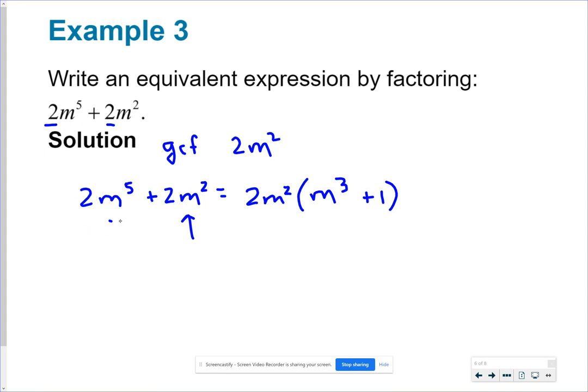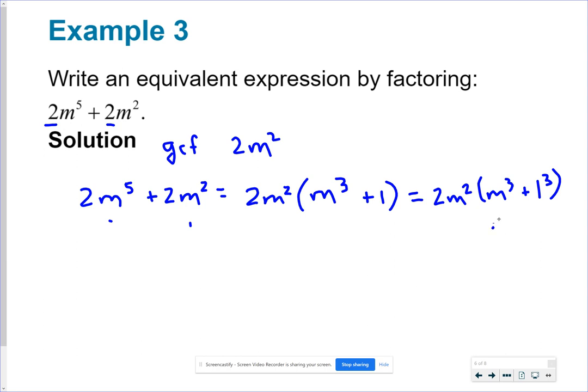Okay, now we're going to take our binomial, this piece right here, and we're going to recognize that it is m to the 3rd plus 1 to the 3rd, because 1 to any power is still 1.